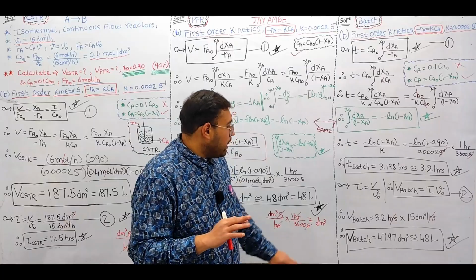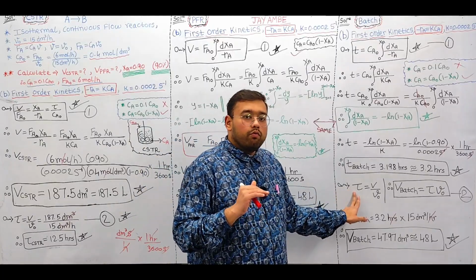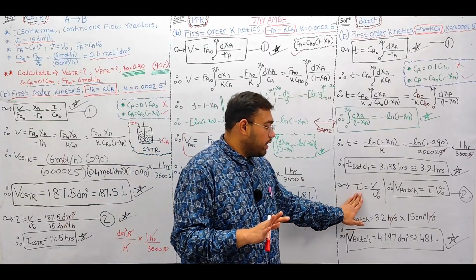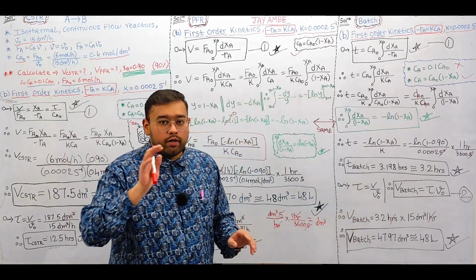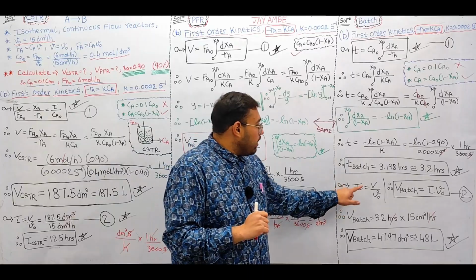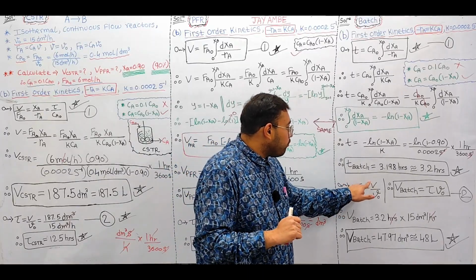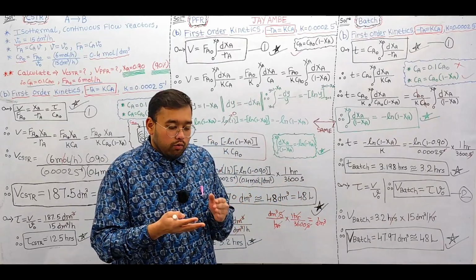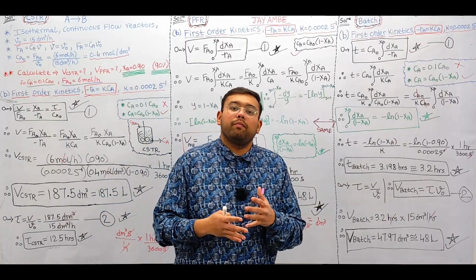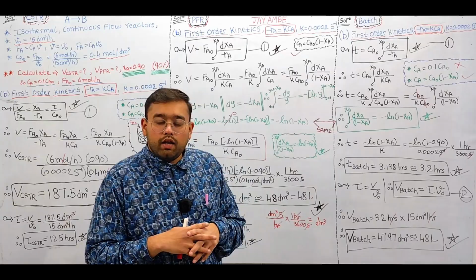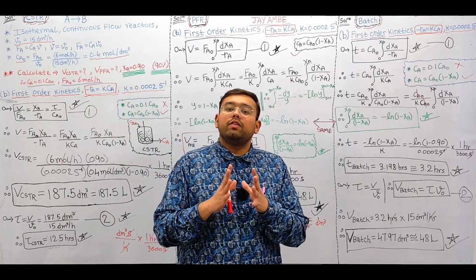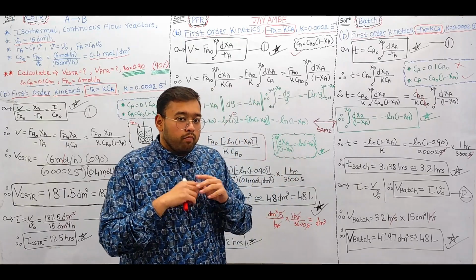The term space-time is correct for all the industrial reactors, and the term volume is correct for all the industrial reactors, whether it may be a batch reactor or a continuous flow reactor. Both the terms space-time and volume are correct for the individual industrial reactors.